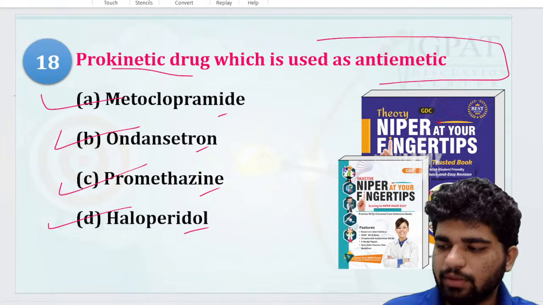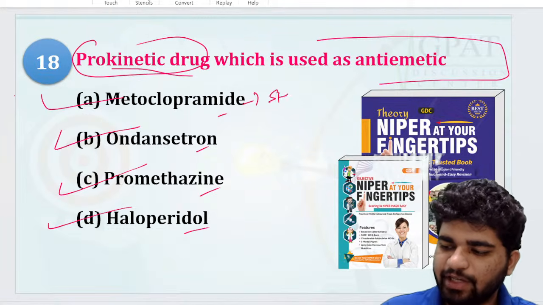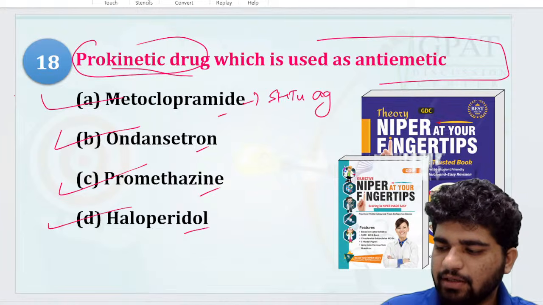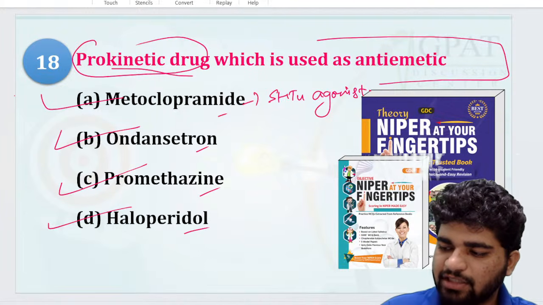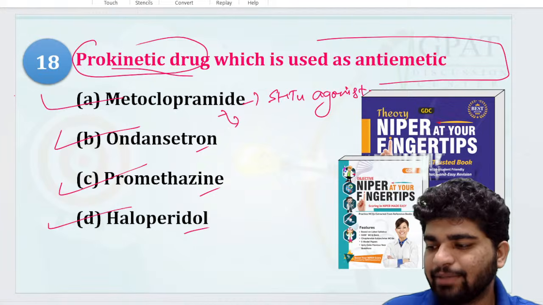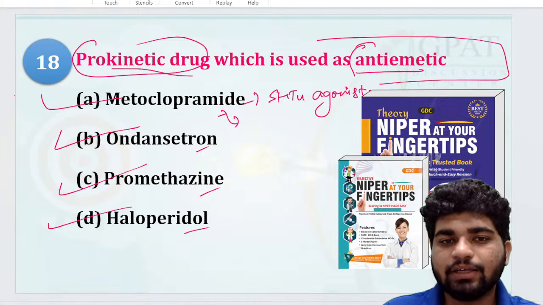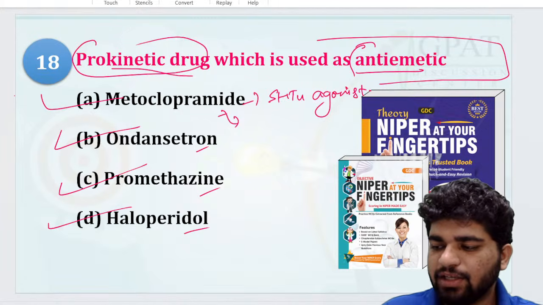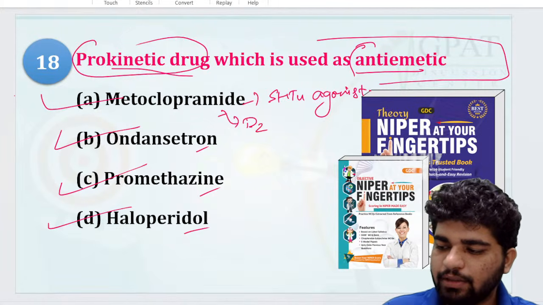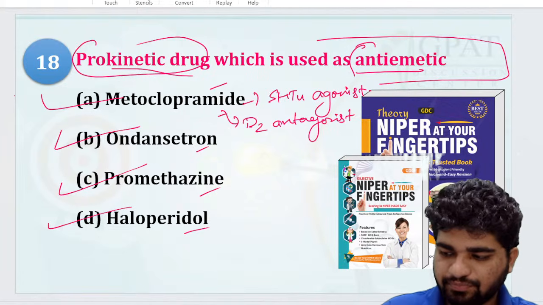You know that metoclopramide is known to be your prokinetic drug just because it has 5-HT4 agonistic nature. Along with 5-HT4 activity, it has antiemetic action. And the antiemetic action of this metoclopramide is just due to the dopamine antagonistic activity, D2 antagonist activity.